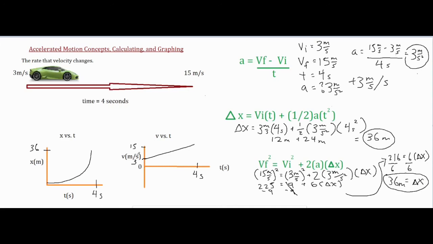I started at 3 meters per second, and I showed a steady increase up to 15 meters per second in that 4 seconds. For that one, the slope is constant because the rate at which I'm increasing my velocity is constant. I'm adding 3 meters per second of velocity every second. So I just have a nice straight line for the velocity versus time graph.